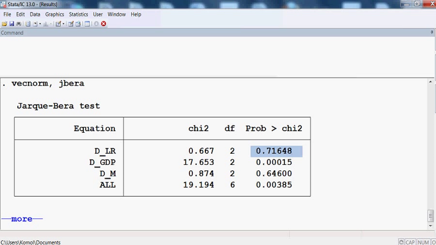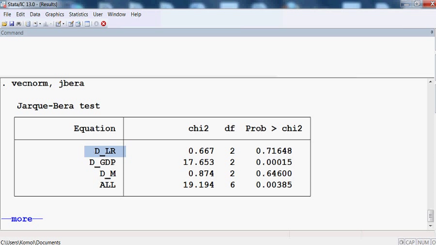So we cannot reject the null hypothesis. Rather, we accept the null hypothesis, meaning that for our model, which is DLR, the residuals are normally distributed. So we are happy about it because that is desirable.